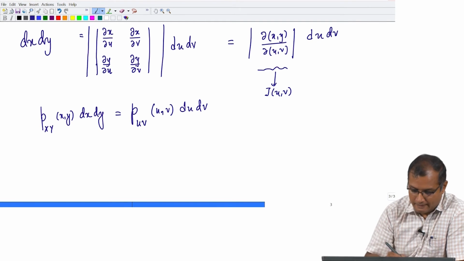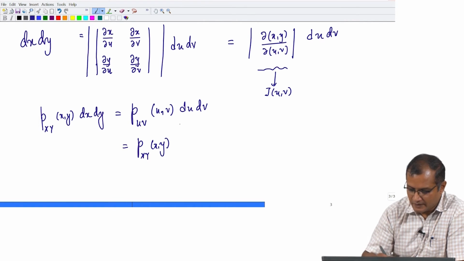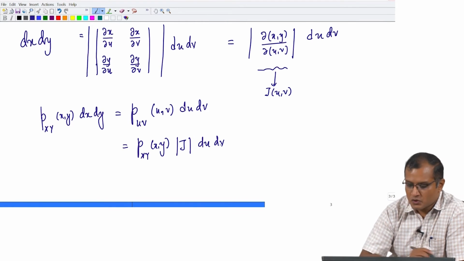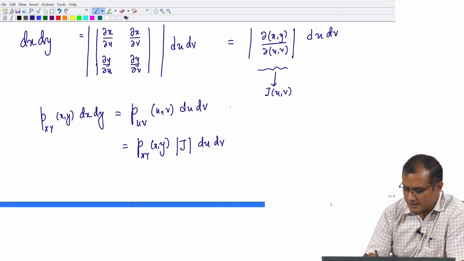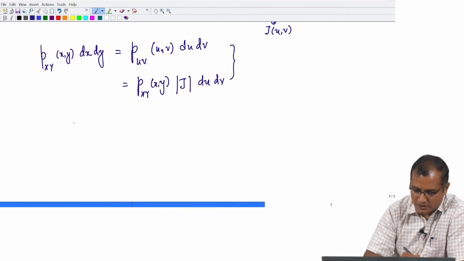Okay. But I know the left hand side can also be written as p x y times the Jacobian into du dv.